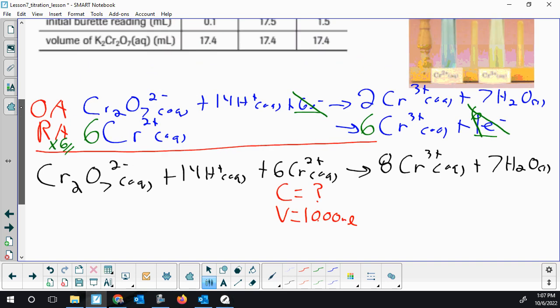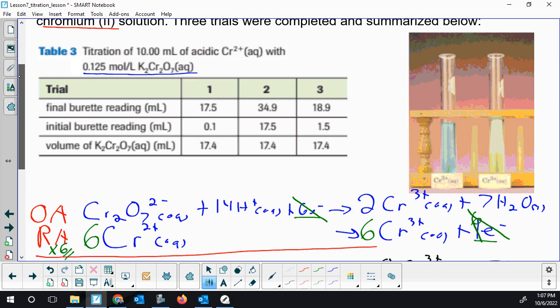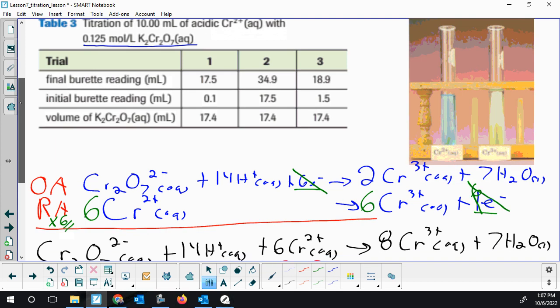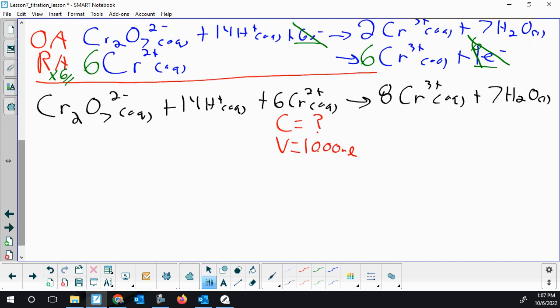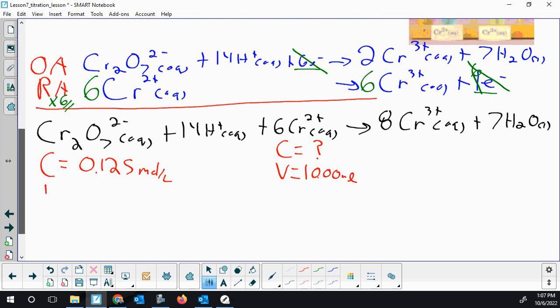We must have some more information. Okay. The rest of the information is buried in this table. Potassium dichromate is 0.125 moles per liter. And we know the volume, or we will know it.